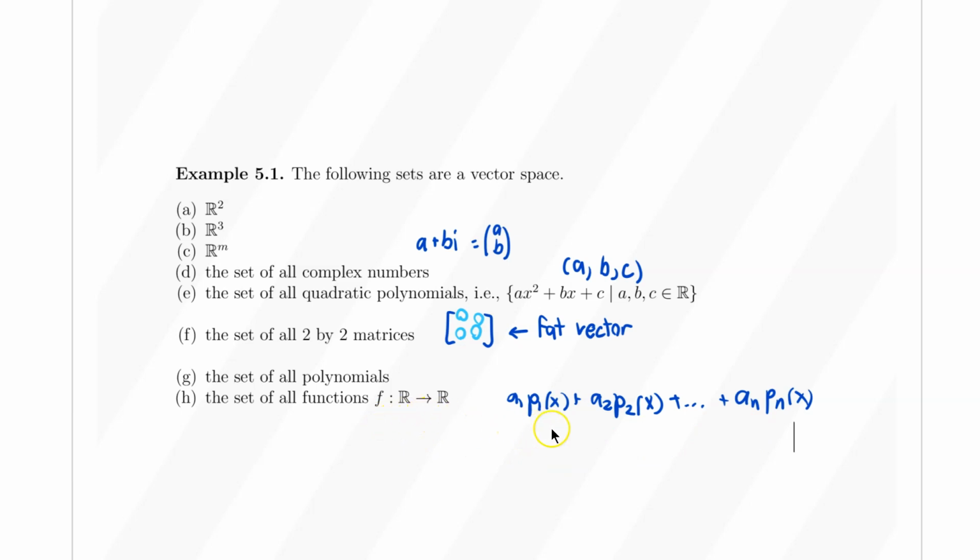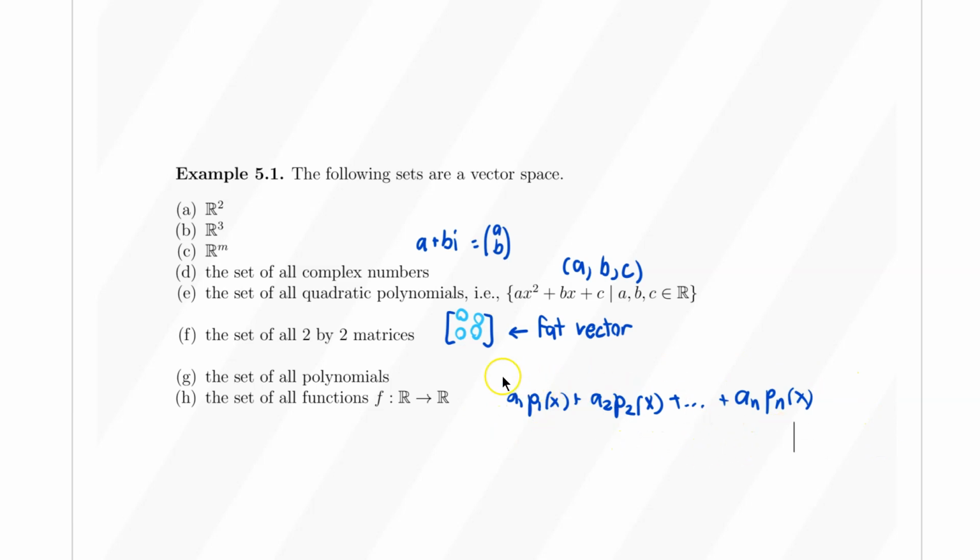So whenever I have something like this, if my p's are polynomials, then the outcome that I have here is still going to be a polynomial. So the set of all polynomials is closed under linear combination, and that's the same with the set of all functions as well. If all my p's here are functions from R to R, then what I have down here is also going to be a function from R to R.